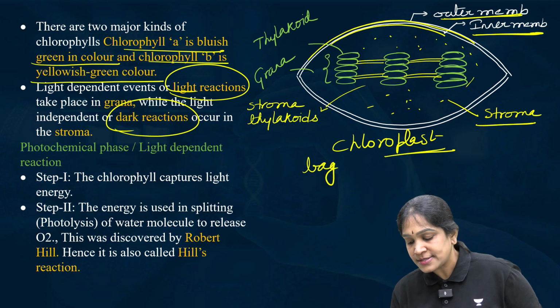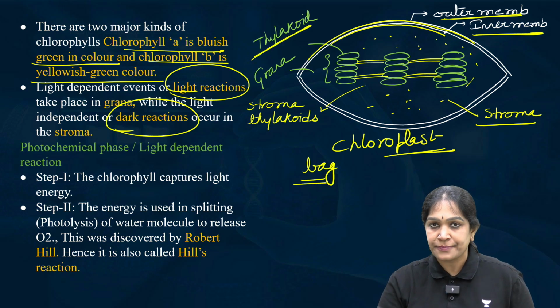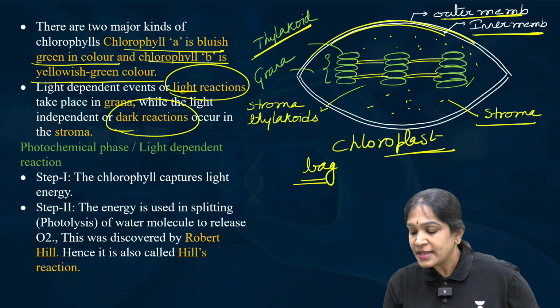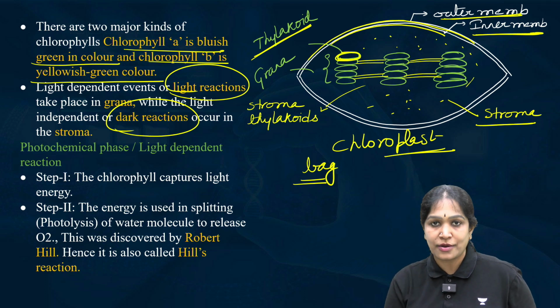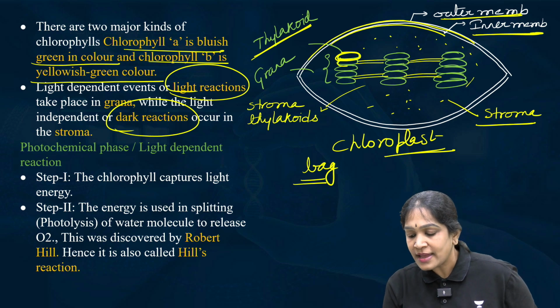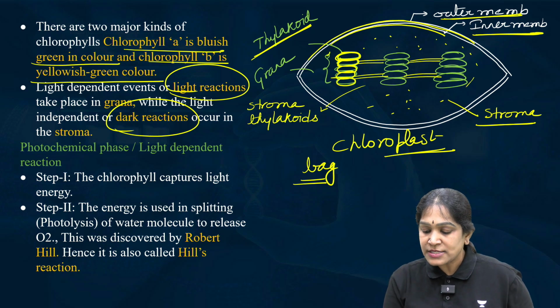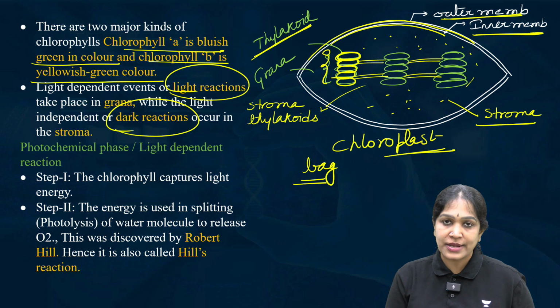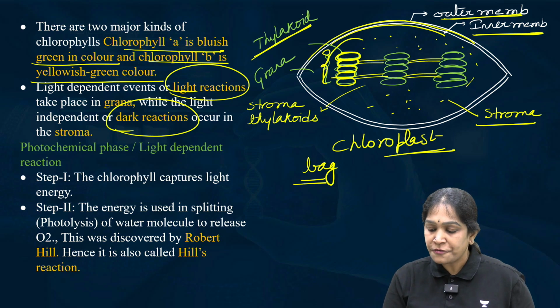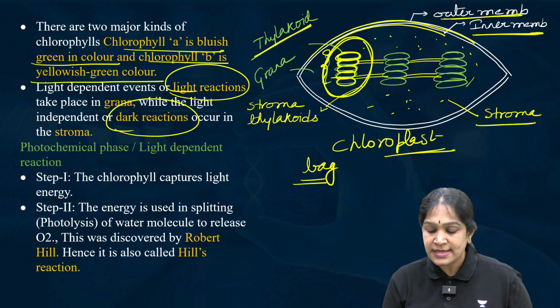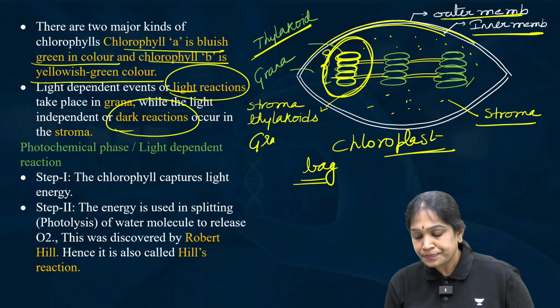Inside the stroma, we have bag-like structures called thylakoids. Look at this carefully. This is one bag-like structure called thylakoid. This is one more thylakoid, one more thylakoid. Whole together, it is one bundle of thylakoids. This bundle of thylakoids is called as granum.